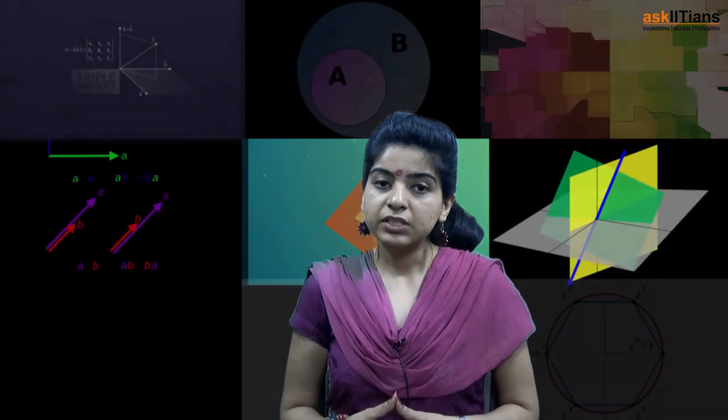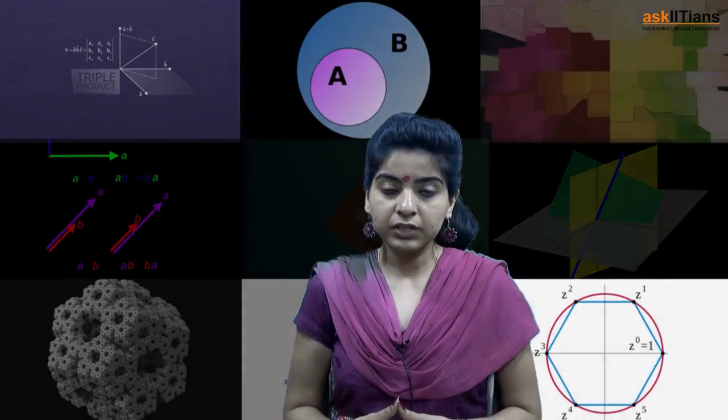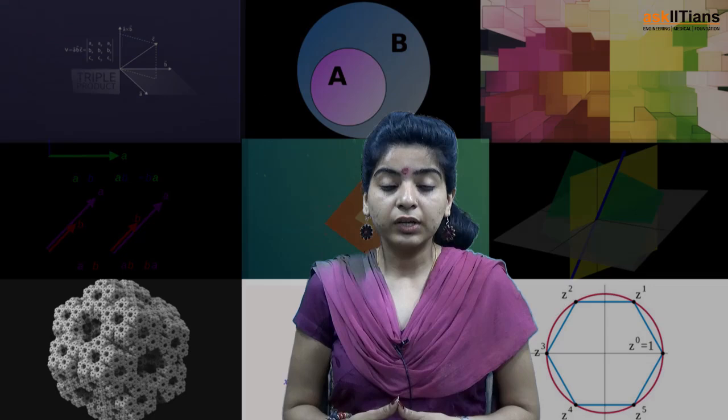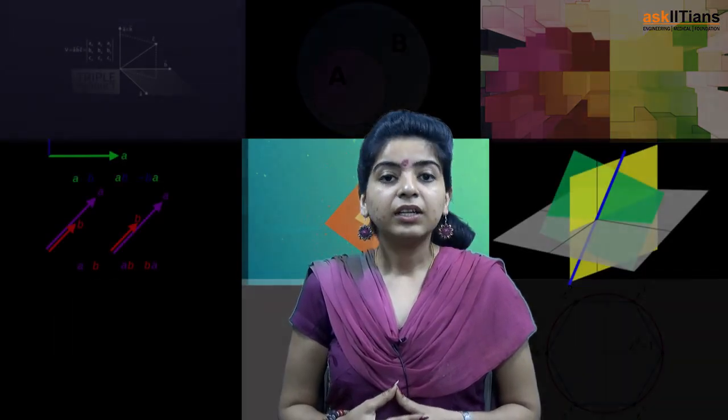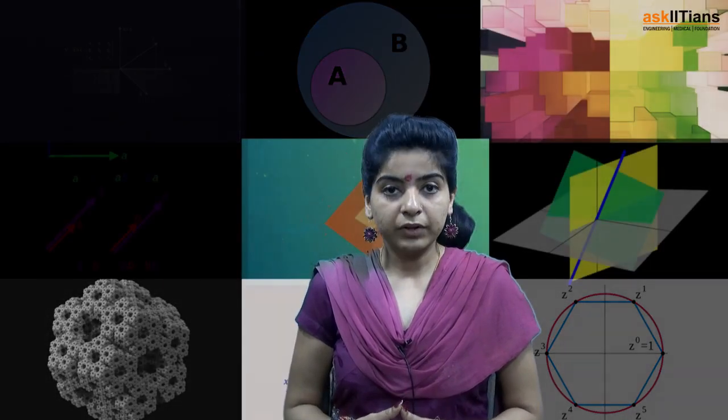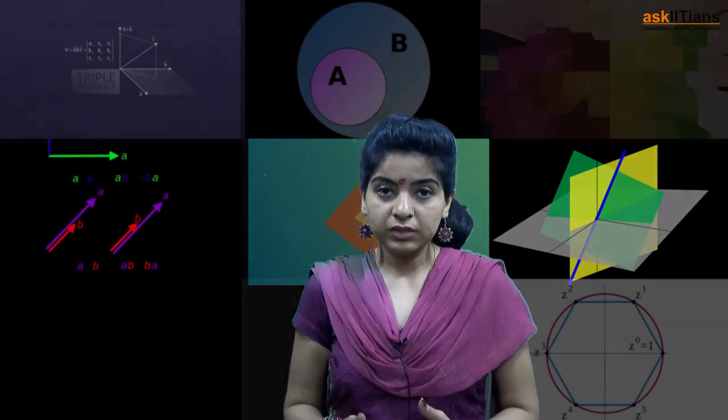We also discussed the section formula and its various applications. Then we discussed the scalar product as well as the vector product of two vectors. Finally, we discussed the scalar triple product followed by the vector triple product of vectors, and lastly the various applications of vectors in geometry. So this was the entire layout of the chapter on vectors.